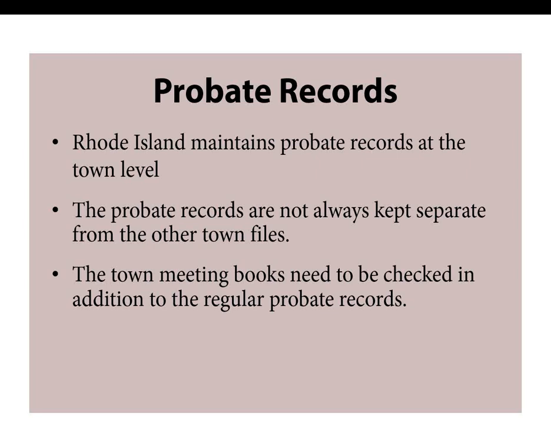He may lump some things together. And so sometimes you may have to look at the town meeting books where he's just putting everything in there and handling his town's business on the whole. So if you don't find something in the probate record volumes, keep in mind they've all got town meeting books. See what you can find there.